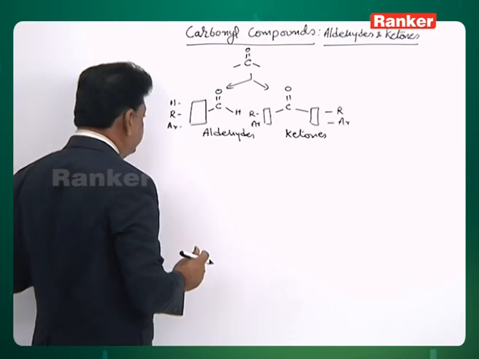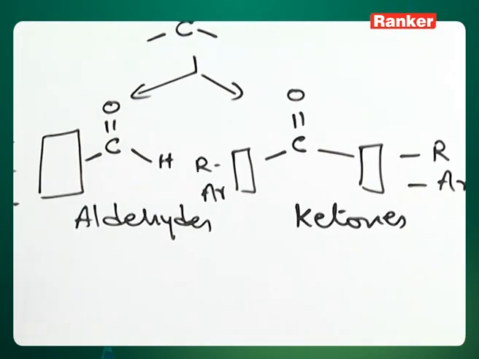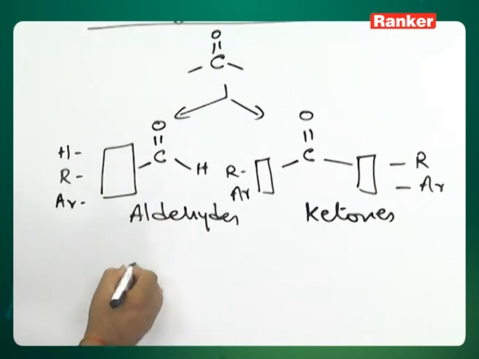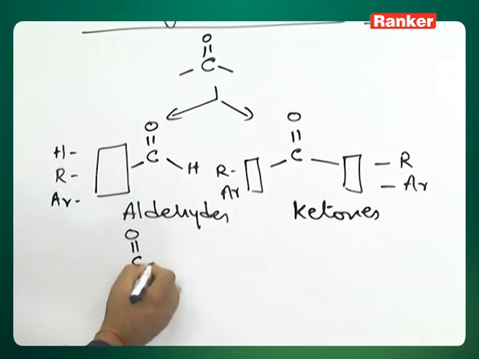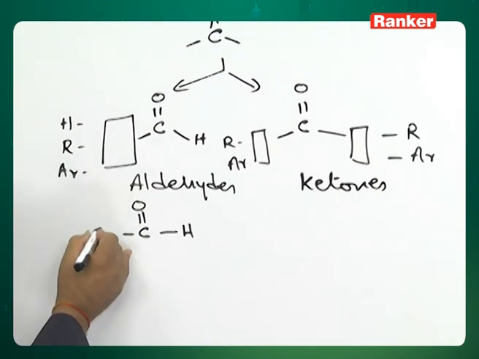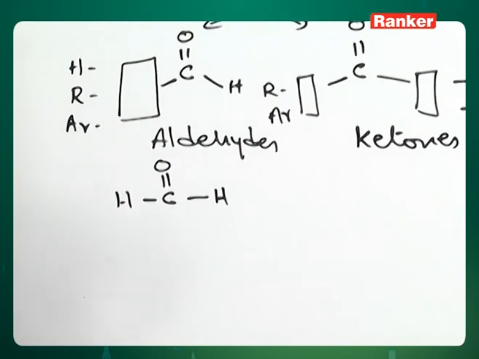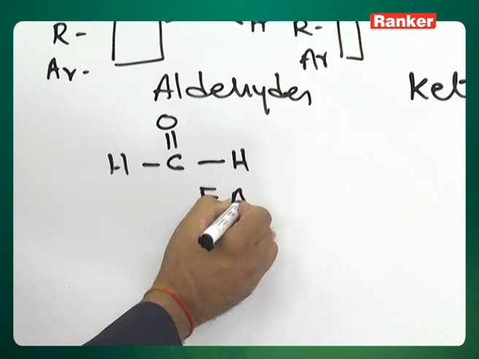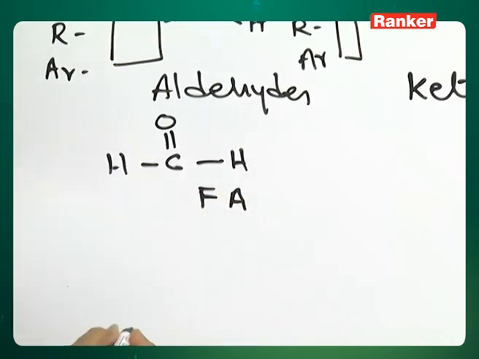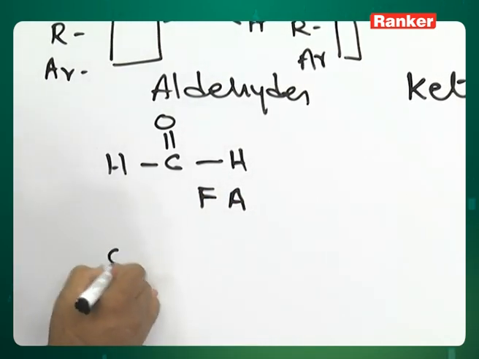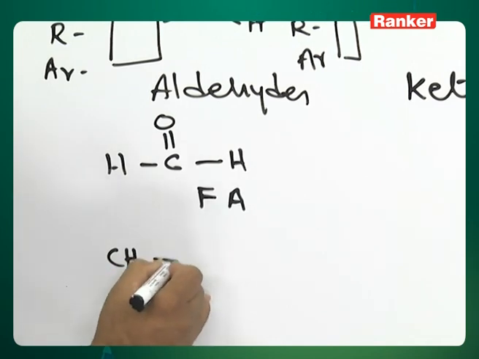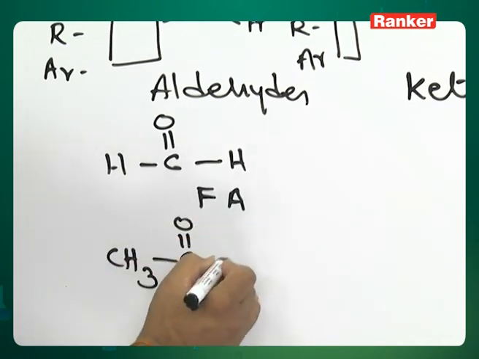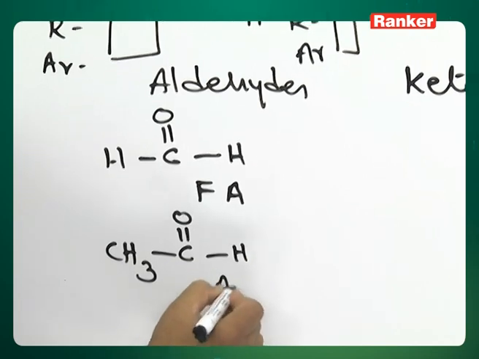So, some examples let us take. There are three common or popular aldehydes that are well known. This is called formaldehyde. Shortly you can call it FA, formaldehyde. And on one side, the smallest alkyl group, that is CH3, let us call this acetaldehyde.